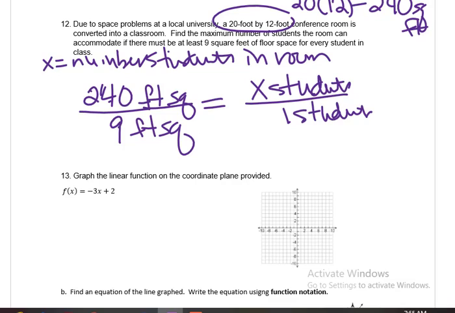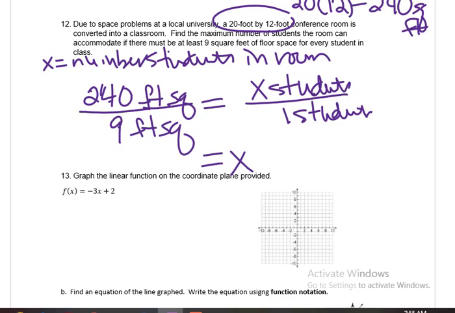Because we know that we're trying to find how many students in a 240 square foot room, if for every 1 student there are to be 9 square feet of space. All right, so let's do a little simplification because we already have X alone on one side.